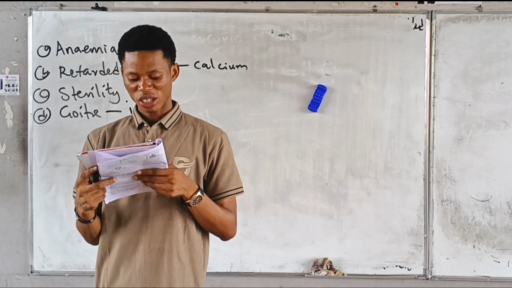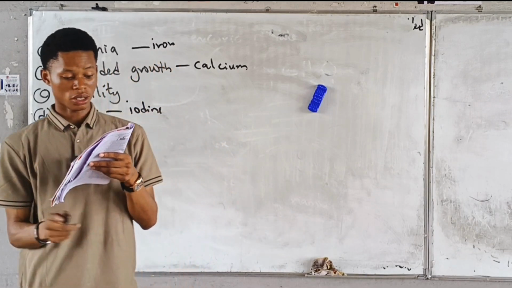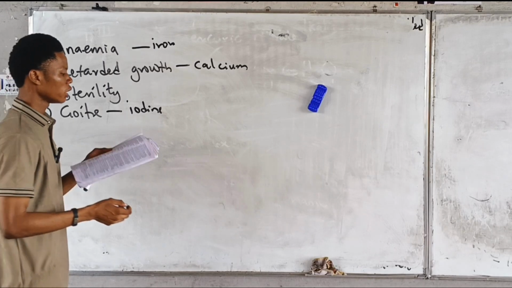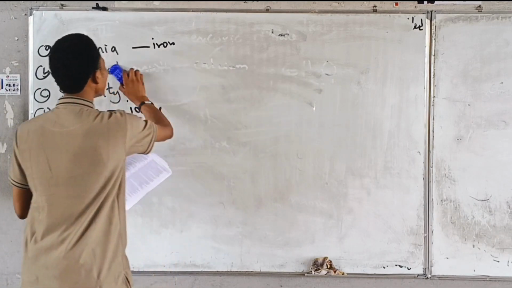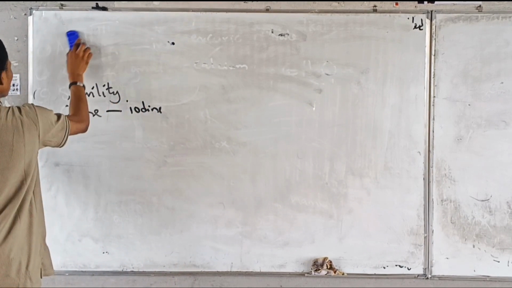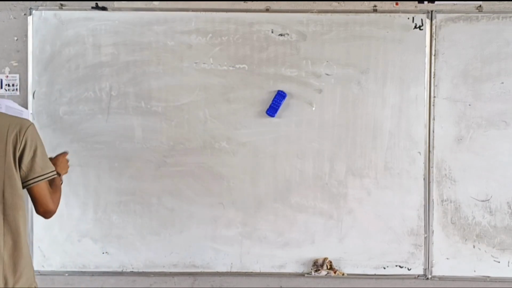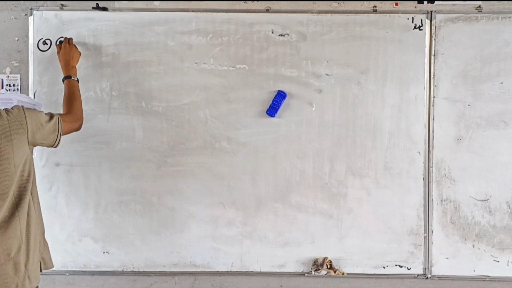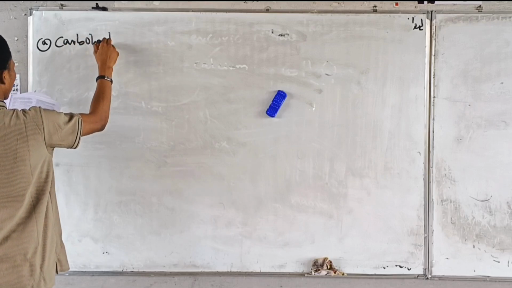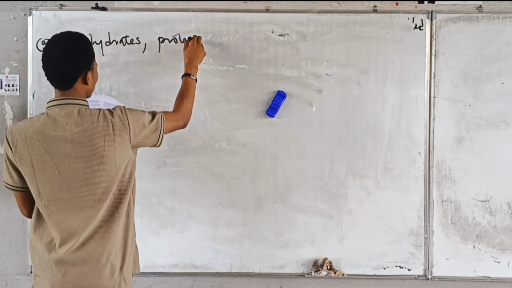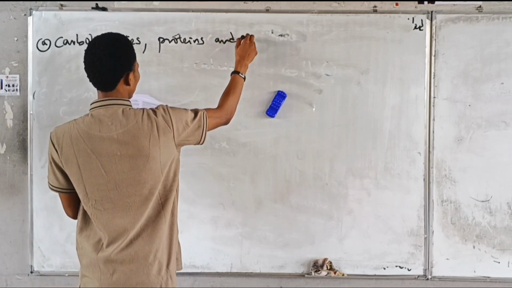I just mentioned this one now. Okay, not there yet. The main organic substances found in the human body are dash. A. Carbohydrates, proteins, and salts.